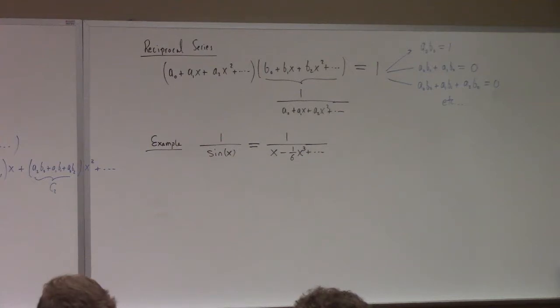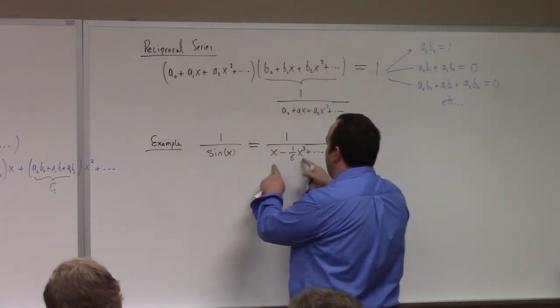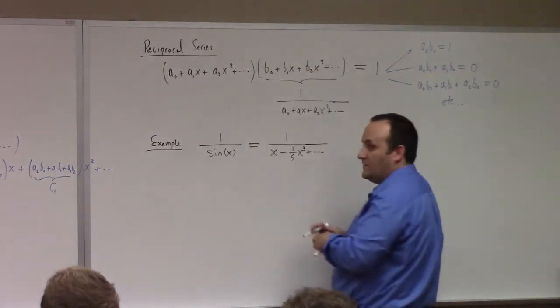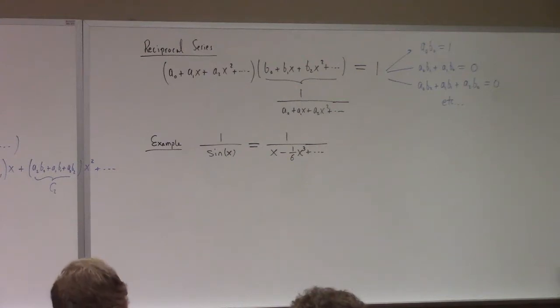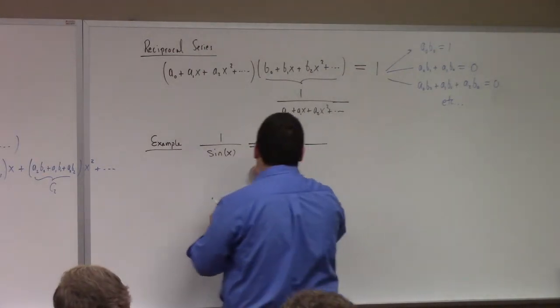Why? You can immediately see why we get into trouble. If I'm thinking of this as a0, a0 is 0. So if a0 is 0 and I'm trying to solve a0 times b0 equals 1, that's not good. So what can we do to make this example actually be reasonable?